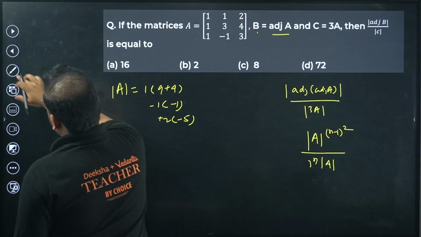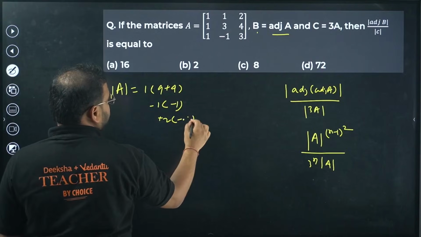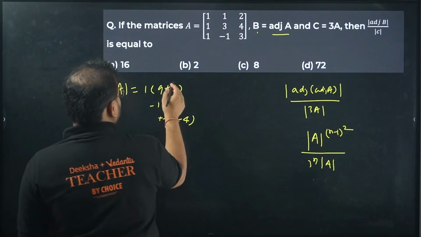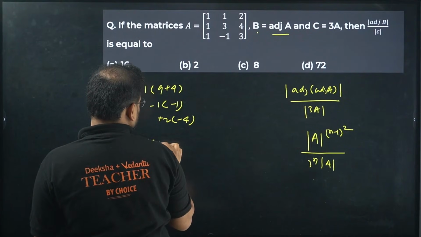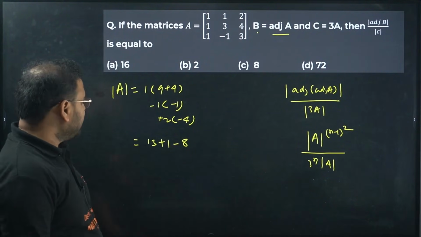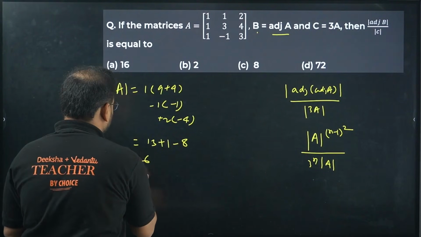Sorry, 9 plus 4 is 13, so 13 into 1, plus 1 and minus 8. 14 minus 8 is 6. The determinant of A is coming as 6.